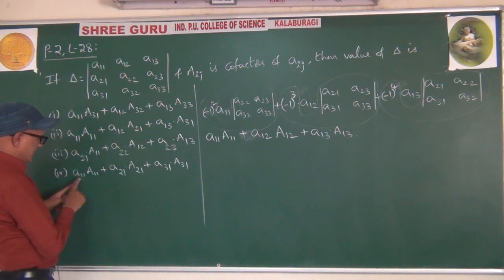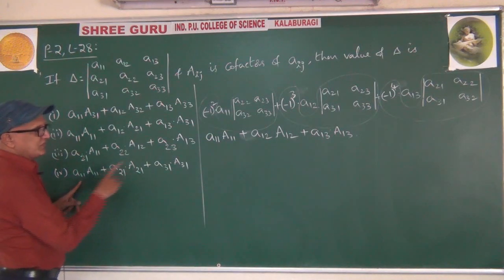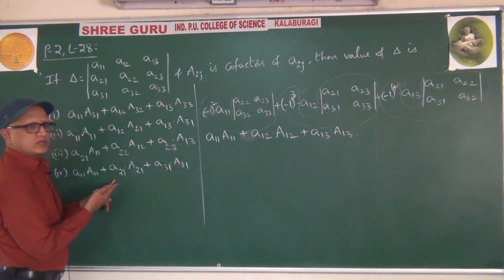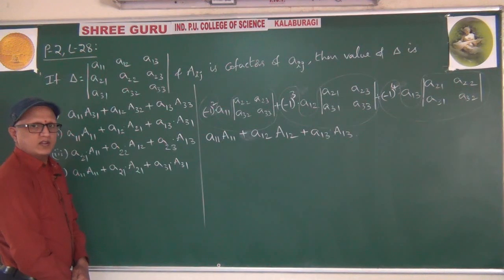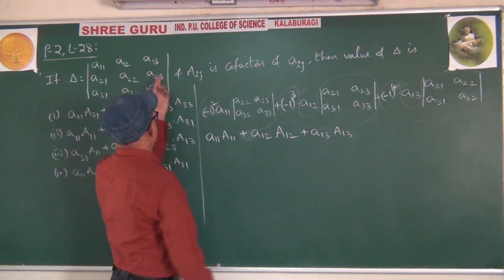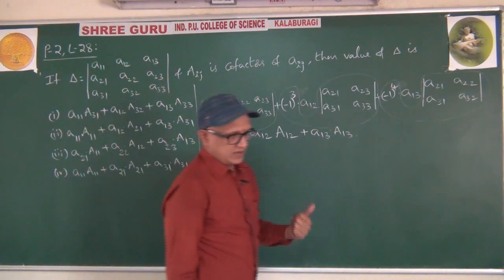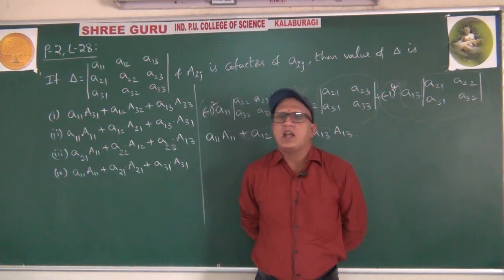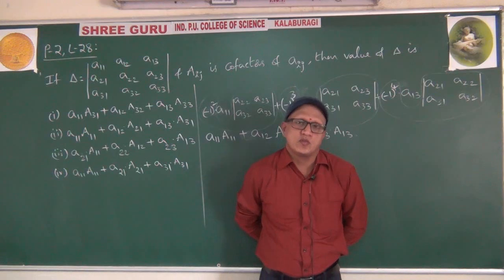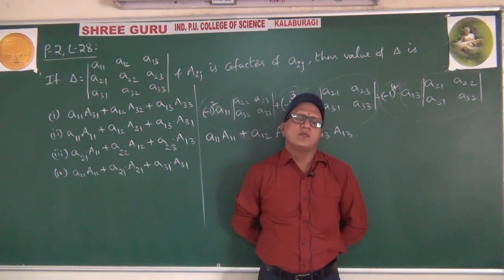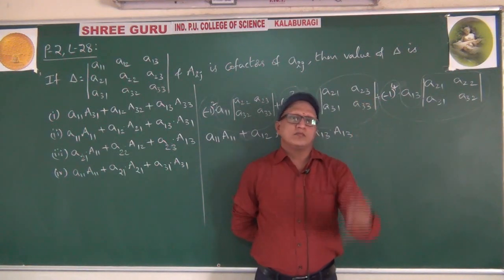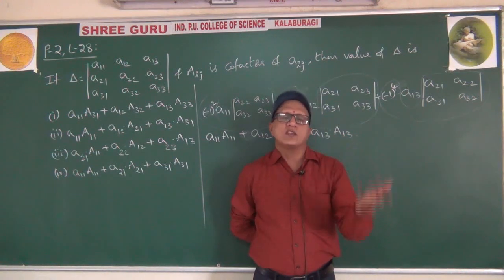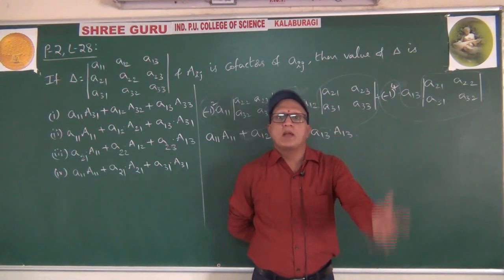They did not expand by using the first row. They may have expanded by using the second row, third row, or one of the columns.